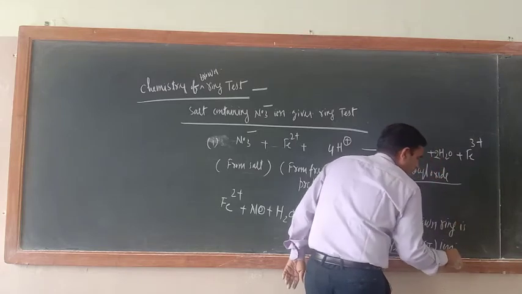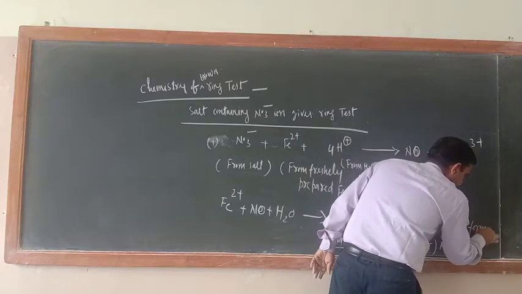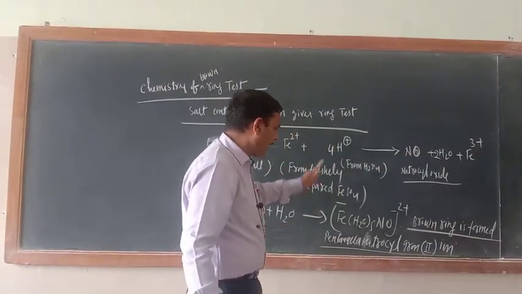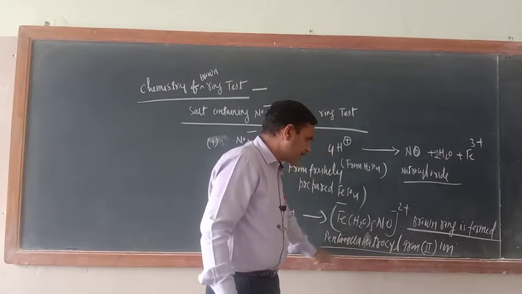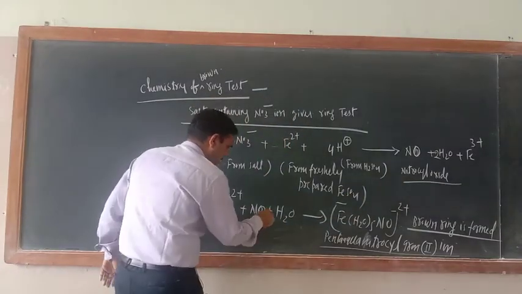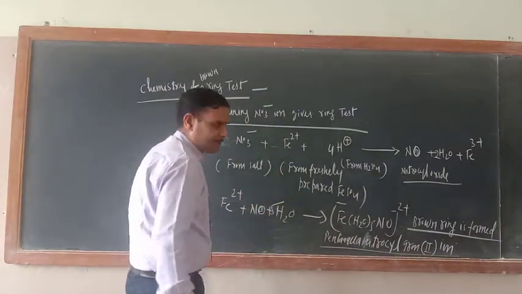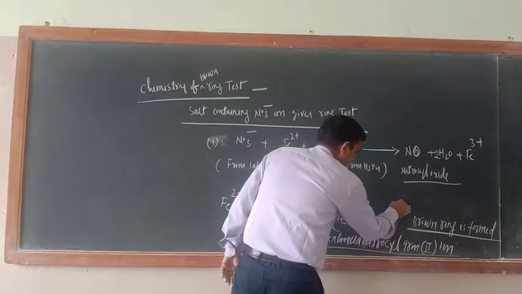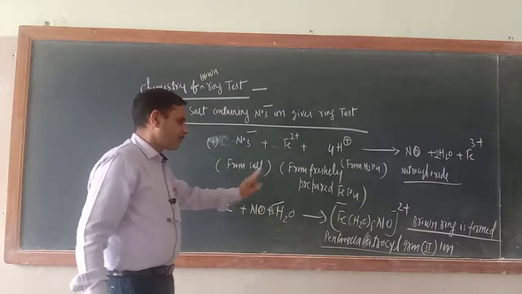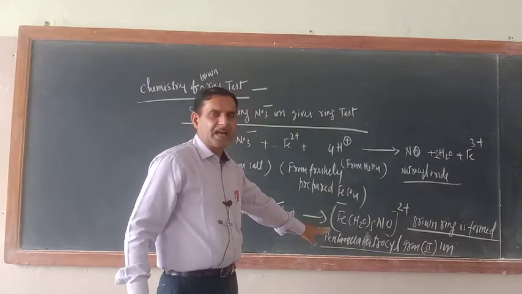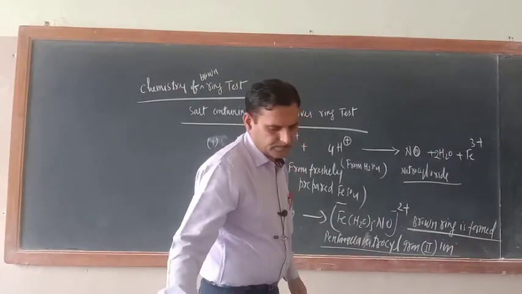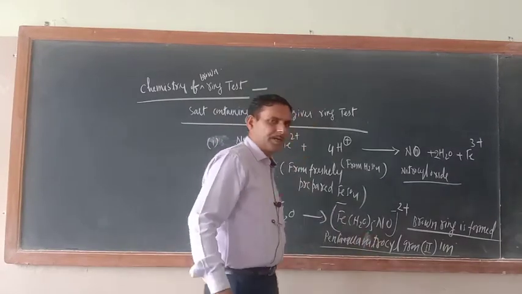Now balance the reaction here, 5H2O, and the rest is balanced. Here it is a 2 positive ion. So the brown ring is formed because of pentaaquanitrosyliron(II). There should be no gaps, it should be continuous.